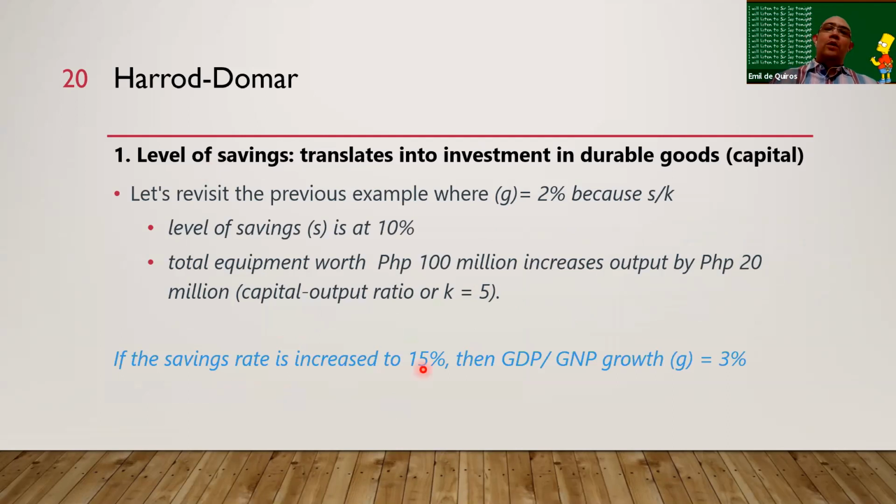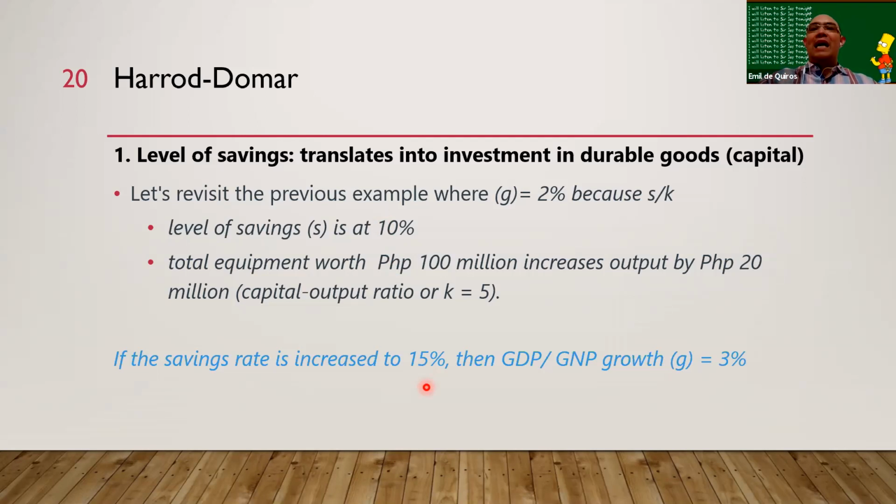So for example, what does this mean? He's basically advocating for countries to increase your investment, consume less, you invest more. You save more so that you can turn savings into investment. If instead of 10% it becomes 15%, what happens to the formula? It becomes 3%. So it goes up. It boosts your GDP growth.